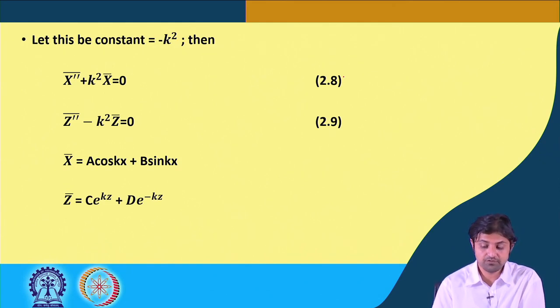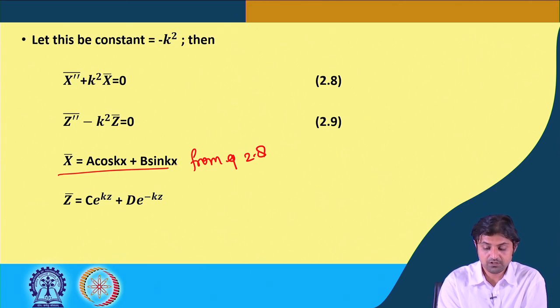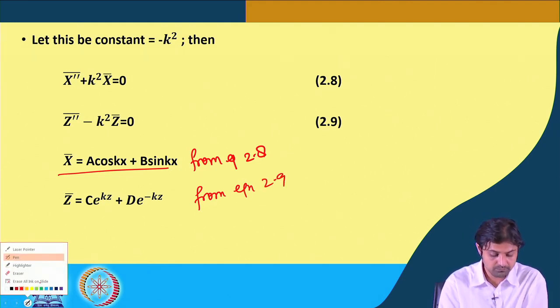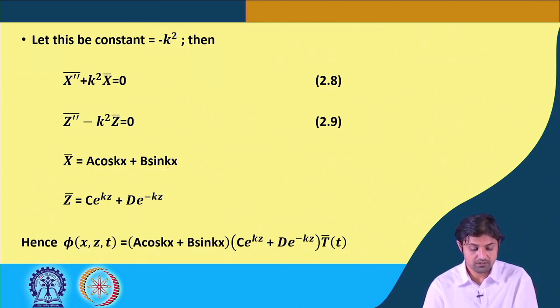Whereas, Z from equation number 2.9, the solution to equations of this type is here. We get X bar and Z bar.